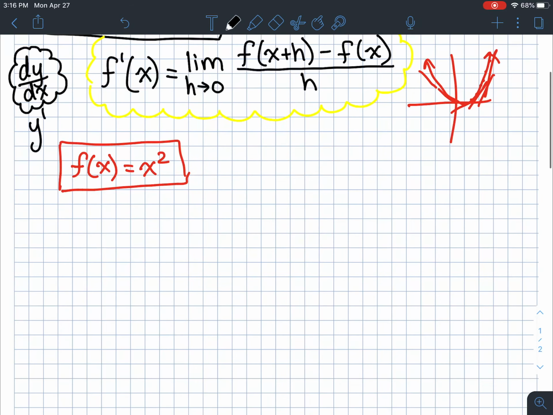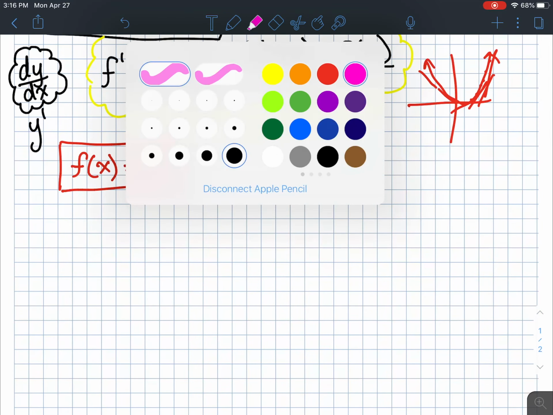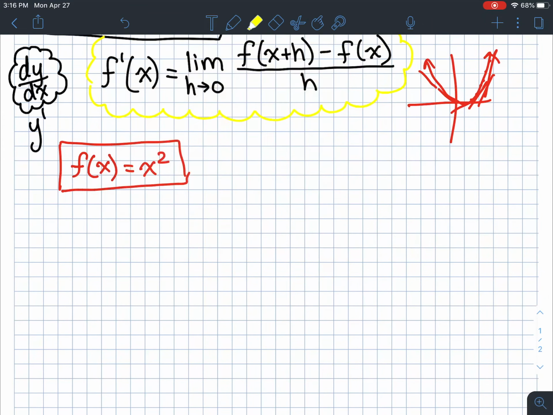So as you can see in our formula, we need to know f of x plus h and f of x, and it's going to be as h goes to 0. So first, let's find out what all that stuff is. We already know f of x is x squared. Check that off the list. But what is f of x plus h? Well, anywhere in your original function, you're just going to put a plus h anywhere you see an x.